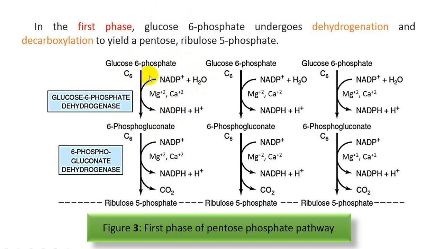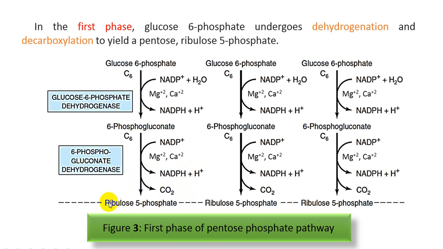This step is like this step and like this step. Okay, anyway, the result is 6-phosphogluconate. Then in the presence of 6-phosphogluconate dehydrogenase, another molecule of NADPH will be formed. 1 molecule of the oxidized form, NADP plus, will be converted to NADPH plus H plus, in addition to removing 1 molecule of carbon dioxide.